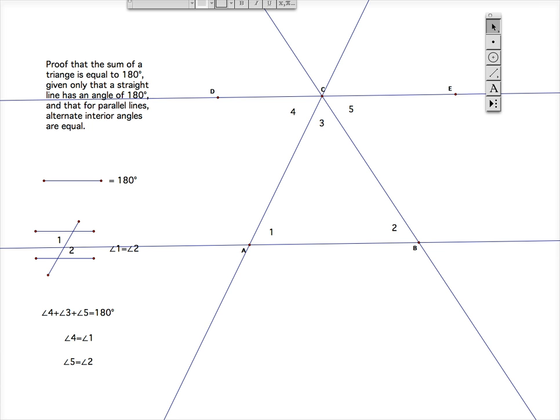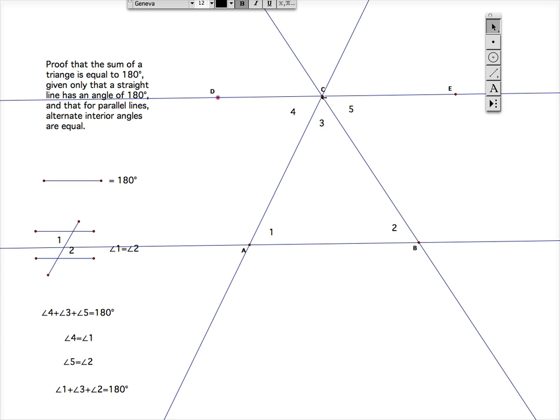If angle 4 is equal to angle 1 and angle 5 is equal to angle 2, thus angle 1 plus angle 3 plus angle 2 is equal to 180 degrees, meaning that the triangle ABC has a sum of 180 degrees. I can now use Geometry Sketchpad to further prove this.